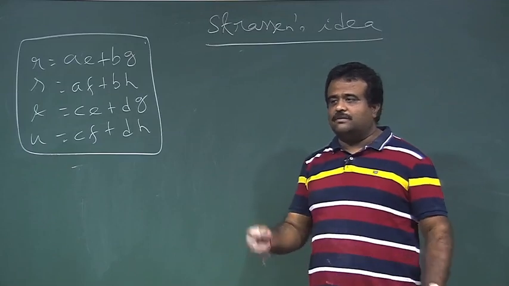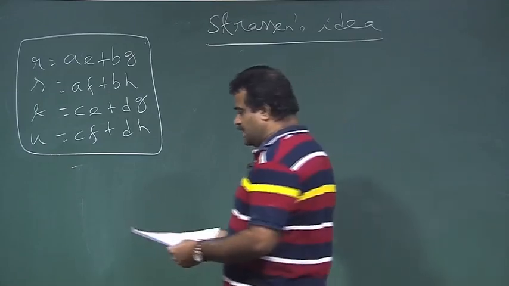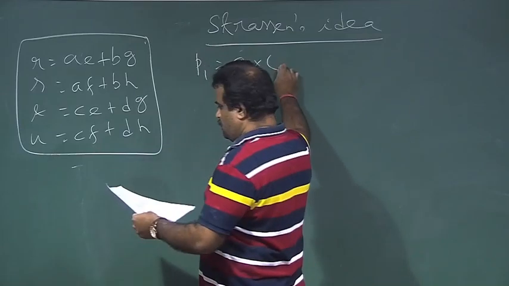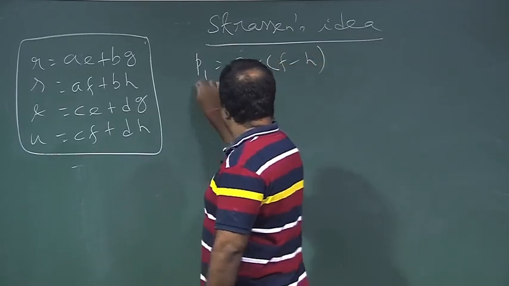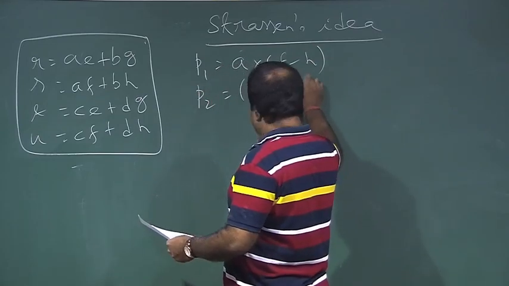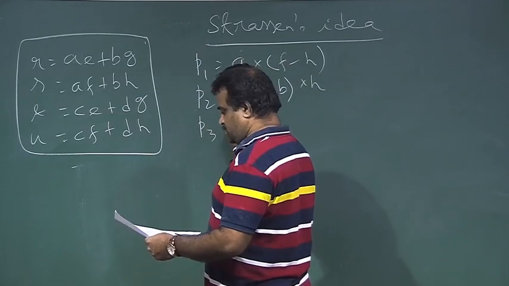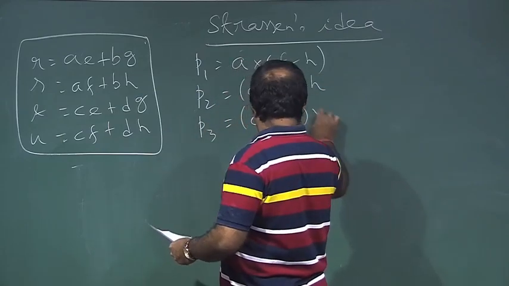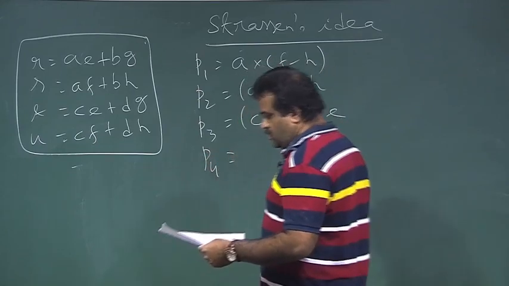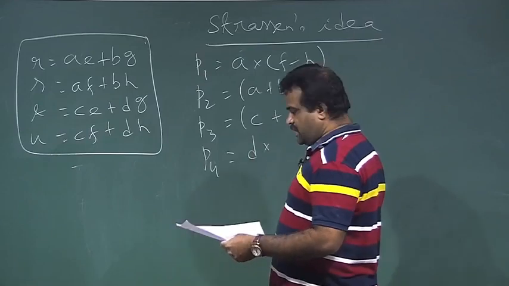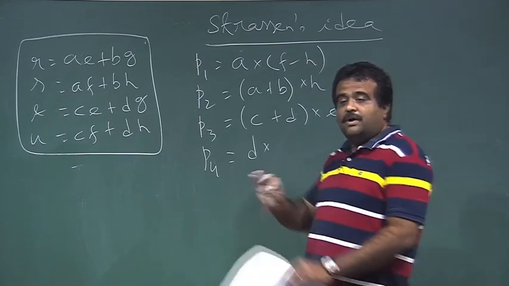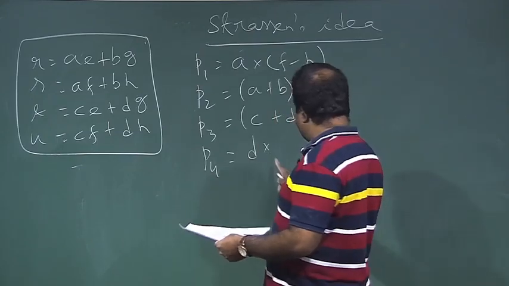For that, Strassen calculates some intermediate terms like P1 is A into F minus H, P2 is A plus B into H, P3 is C plus D into E. These are intermediate terms. There will be 7 terms, which means 7 matrix multiplications, but we will have more additions.